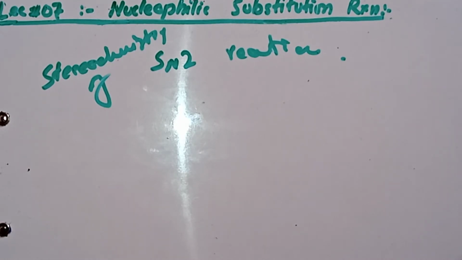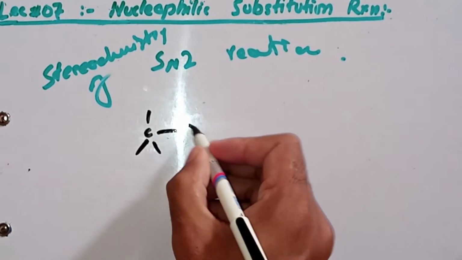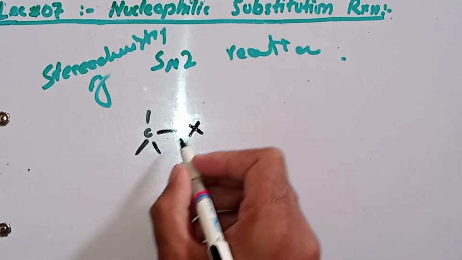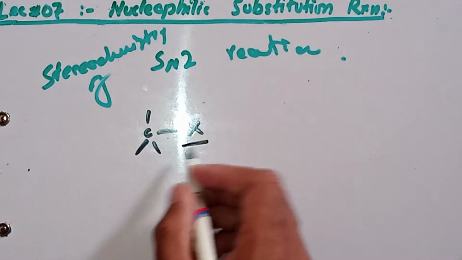As we have seen, the SN2 reaction requires attack by a nucleophile on the back side of the electrophilic carbon. That is the electrophilic carbon, and this is the alkyl halide. This is the halogen group attached, or you can say the leaving group attached.